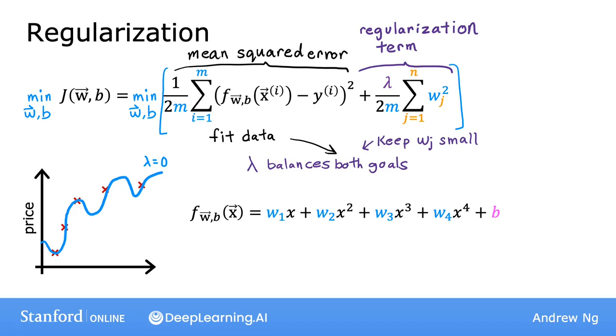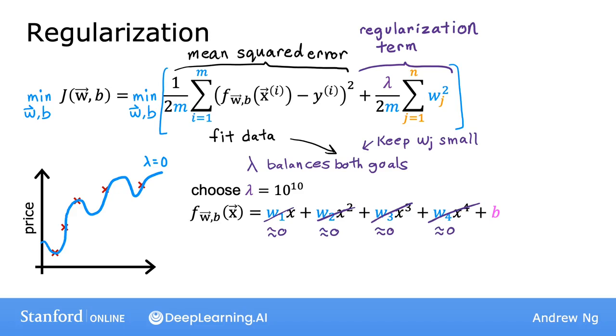Let's now look at the other extreme. If you set lambda to be a really, really, really large number, say lambda equals 10 to the power of 10, then you're placing a very heavy weight on this regularization term on the right, and the only way to minimize this is to be sure that all the values of w are pretty much very close to 0. So if lambda is very, very large, the learning algorithm will choose w1, w2, w3, and w4 to be extremely close to 0.